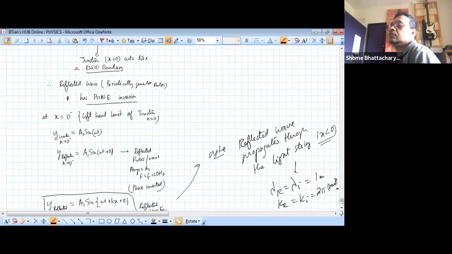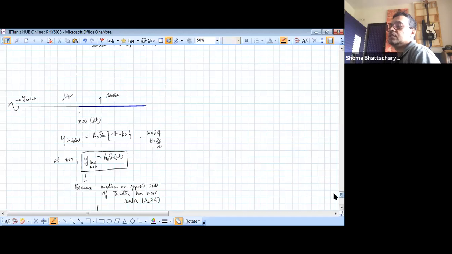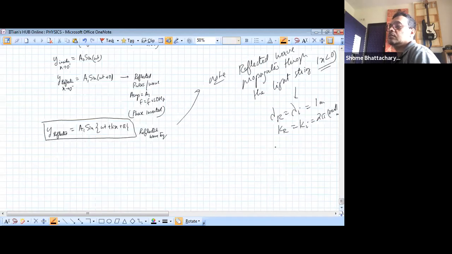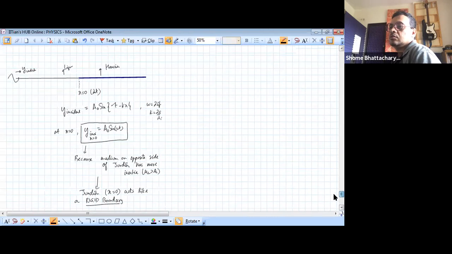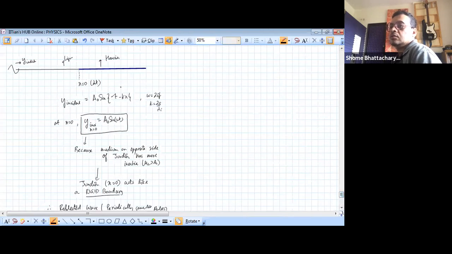And obviously, therefore, the velocity of the reflected wave is also the same as the velocity of the incident wave. It's 50 meters per second. The reflected wave has this velocity, this wavelength, this k, and obviously the frequency is the same as the incident one. So this incident wave is creating a reflected wave along with the incident.